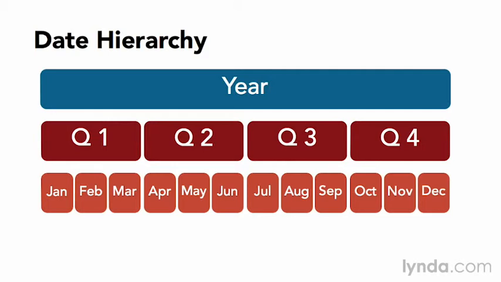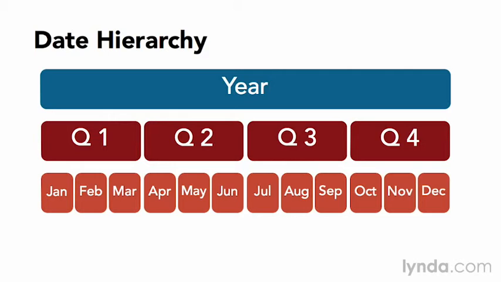It might be that our quarter starts on July 1st because we're a state government, for example. That's okay. It just means that we have different specific items within that date hierarchy. And we may have parallel date hierarchies. We might have years and quarters and months. We might also have years and quarters and weeks. And the most granular choice then, of course, is on what specific day a person was hired or a sale was made. So this is how we think about hierarchies, ways to organize our data.